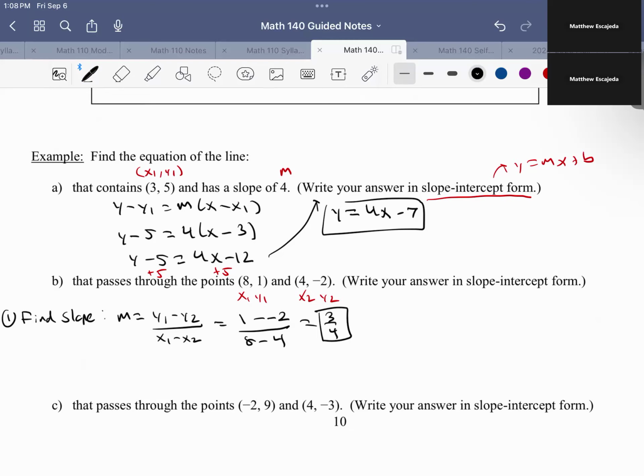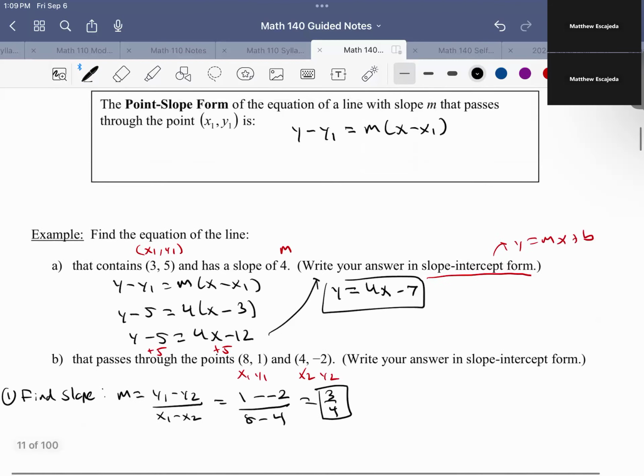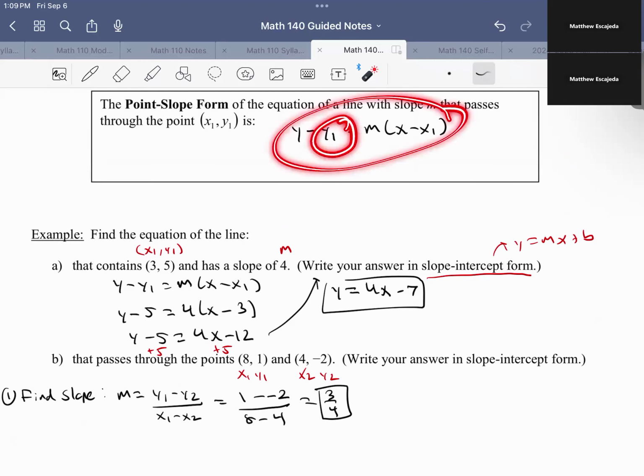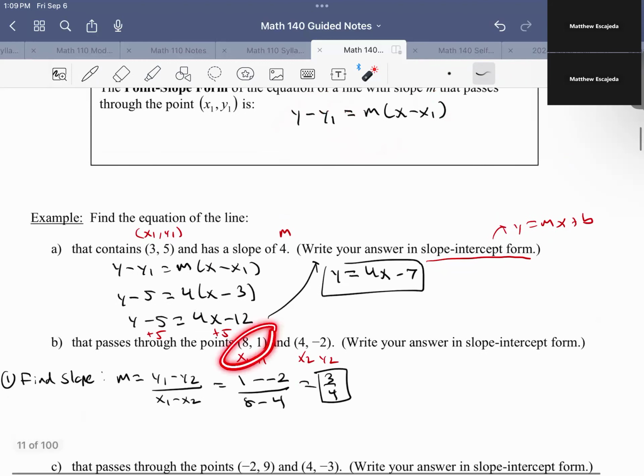Okay. And now the second step is you need to choose a point to use your point slope formula, right? Here we have 2 points that we can choose from, but you need to choose one and then just be able to find the equation.